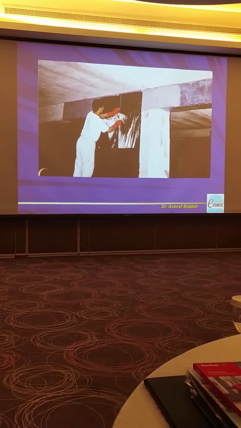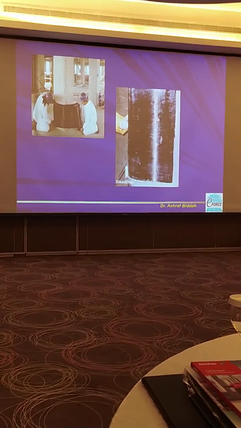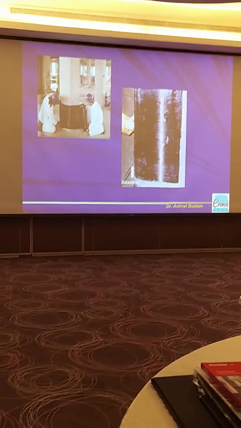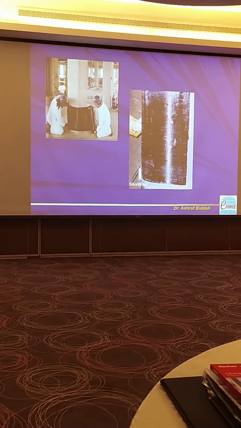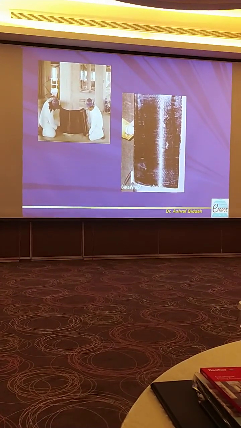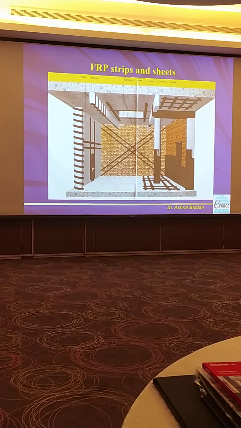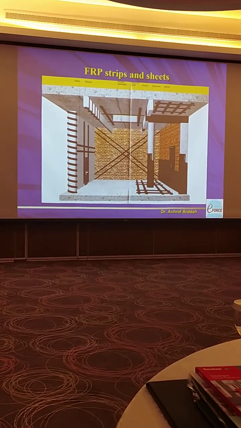This is the application for shear, and the application for columns. If you have a column like that and the capacity is not safe, you can increase the capacity of the column by CFRP wrapping. I will summarize here.